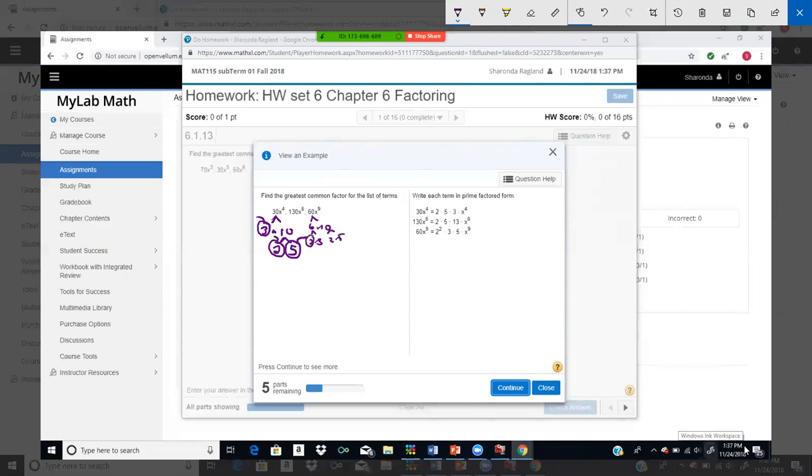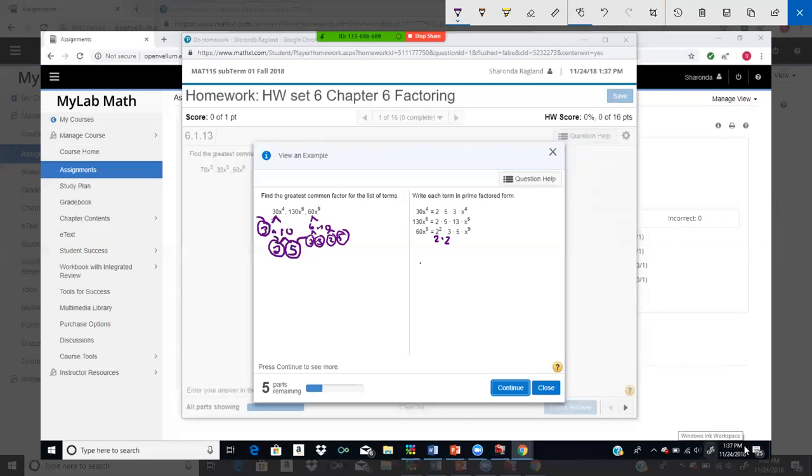These are all prime in the circles. So I have 2 times 2 times 3 times 5. They wrote it out as 2 squared, and then you have 9 x's. They didn't write out the 9 x's, but when you're looking at what they have in common, I would have written this out as 2 times 2, so we can see exactly what they have in common.